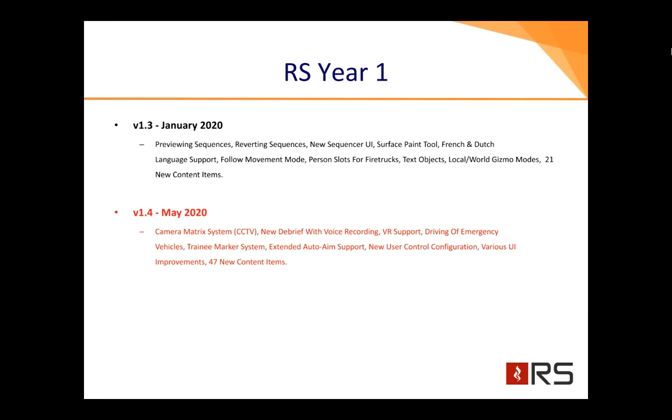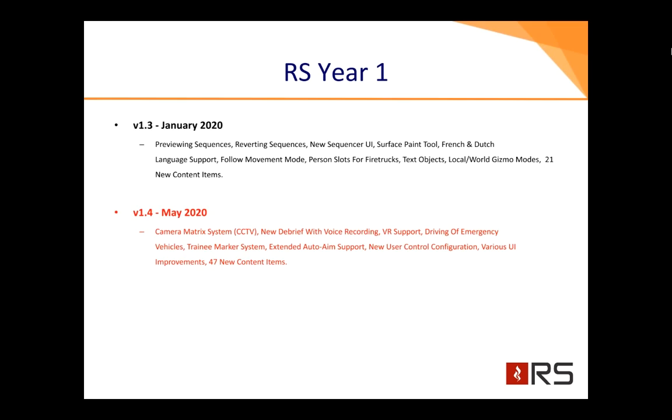We're also adding VR support. So now you can use the Oculus VR headsets, both if they're connected to the instructor computer, but also separately. So you can have separate network stations using VR. Driving of emergency vehicles. So it's now possible for your trainee to actually enter a vehicle and drive it somewhere.